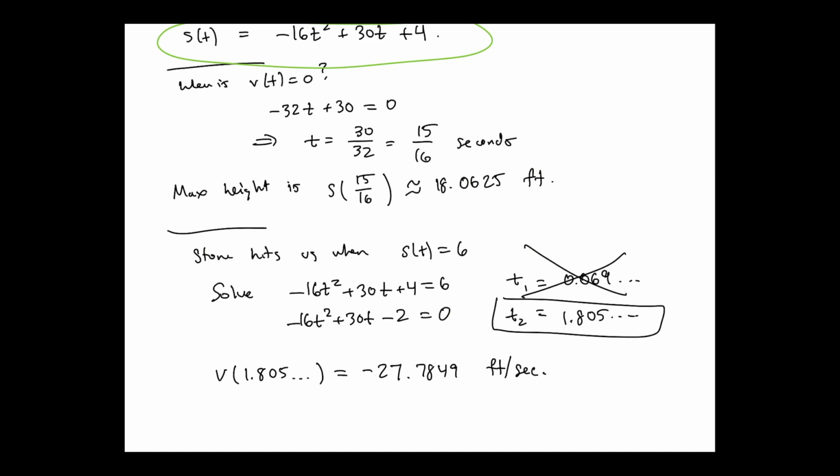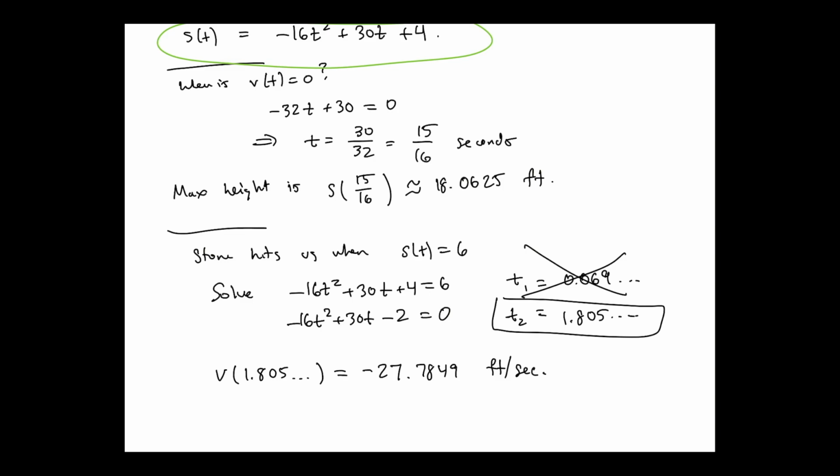So if you plug in 0.069, would you get positive 27? Yeah, actually, that's true. So Mark's point is what was the other value where the thing was 6 feet off the ground? That's just 0.06 seconds. If I plugged that into my velocity function, what would I get?